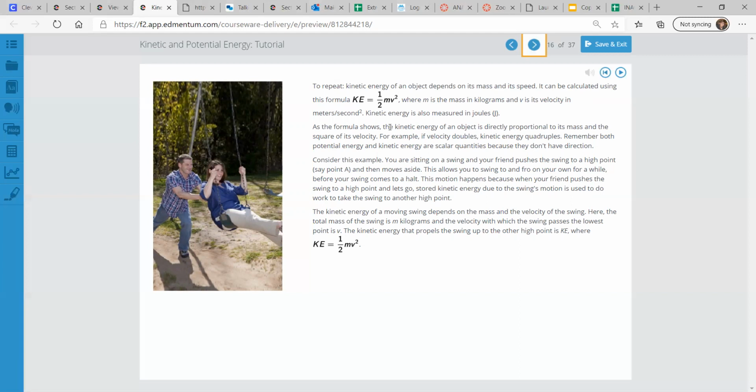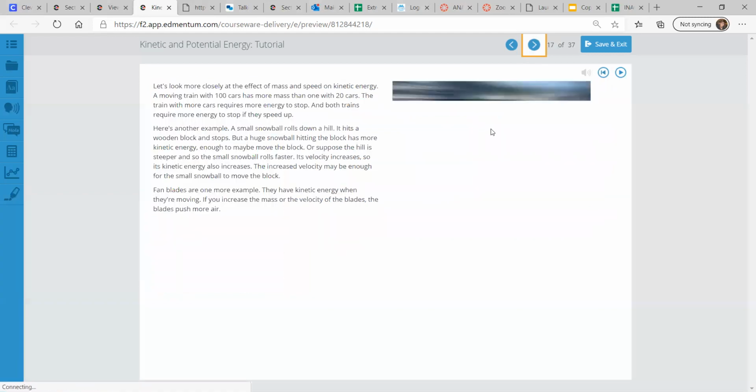This motion happens because when your friend pushes the swing to a high point and lets go, stored kinetic energy due to the swing's motion is used to do work to take the swing to another high point. And you would use this equation to solve the kinetic energy of the swing.